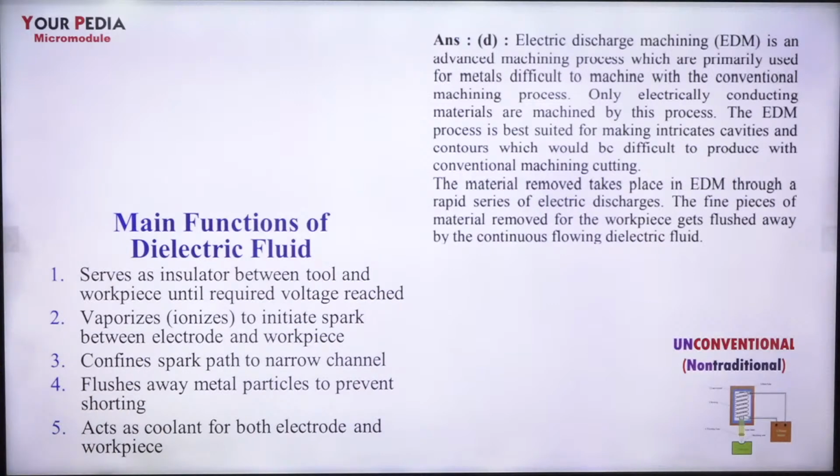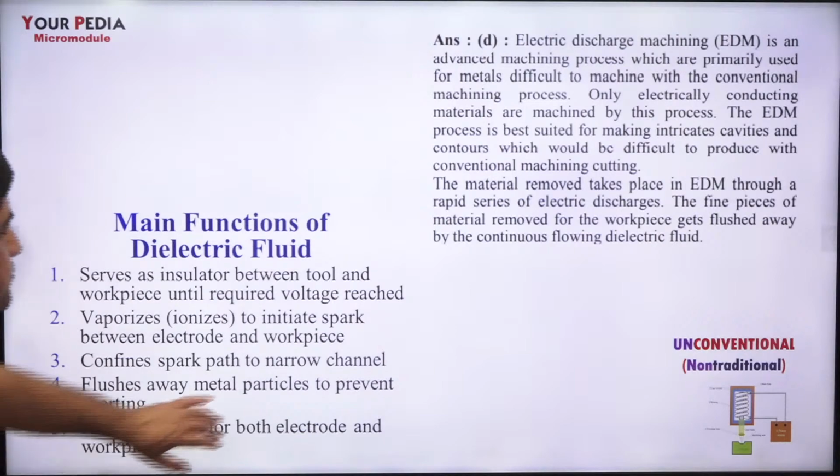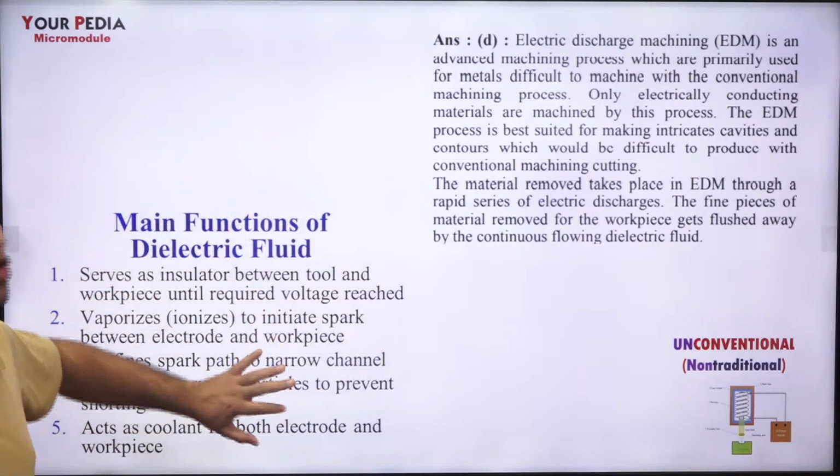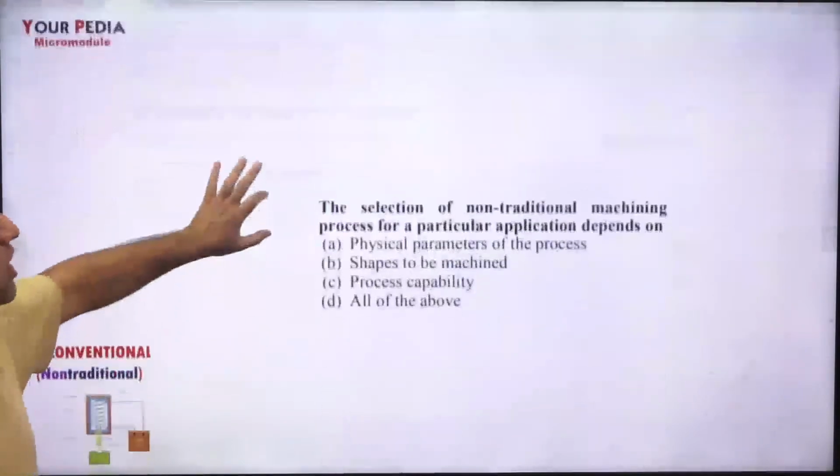And you need to use a servo controlled mechanism to maintain a particular gap. This is an important slide for you, so note it down later.